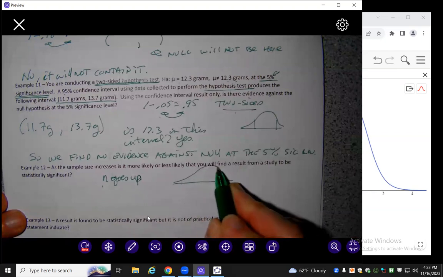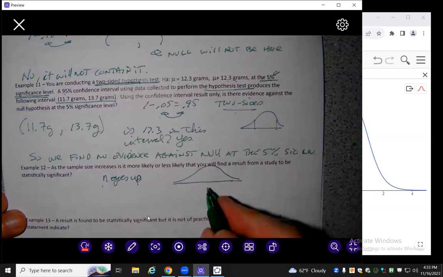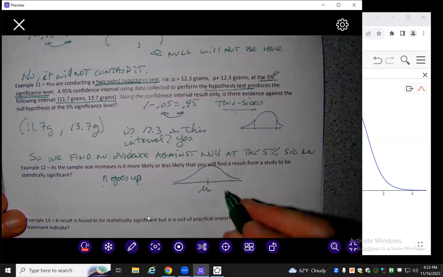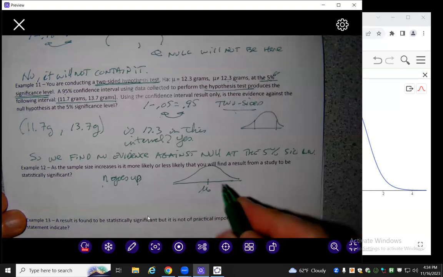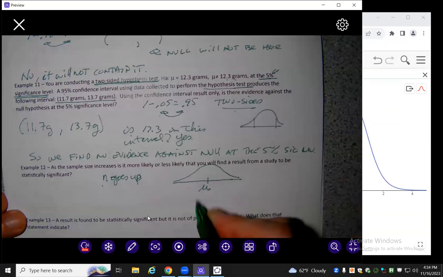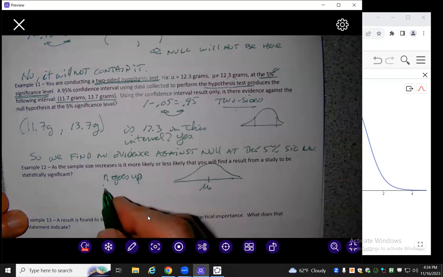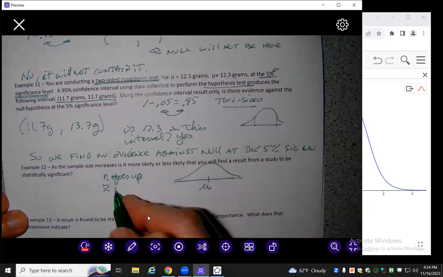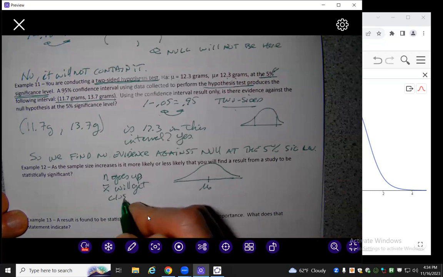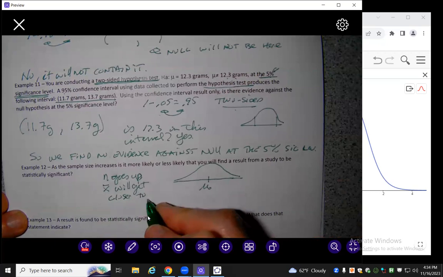This question brings some realism to this whole affair. Here's my null value. And we know that as long as my sampling process is unbiased, as n goes up, let's say we're estimating only mu, x bar will get closer to mu.